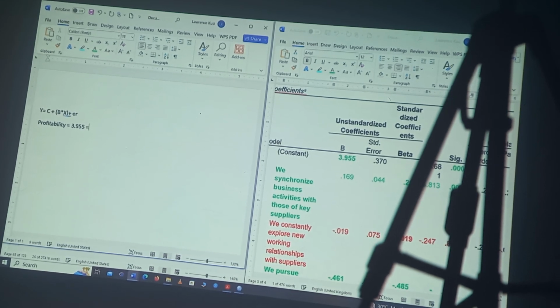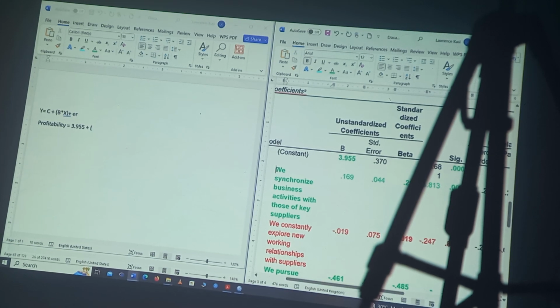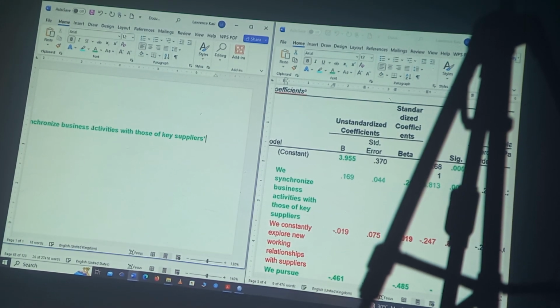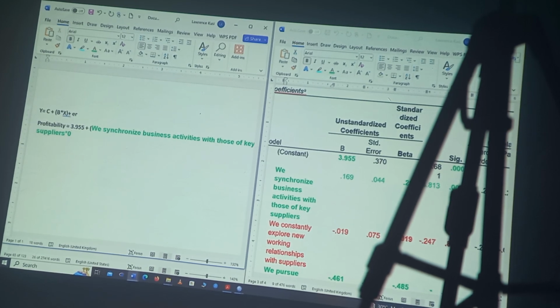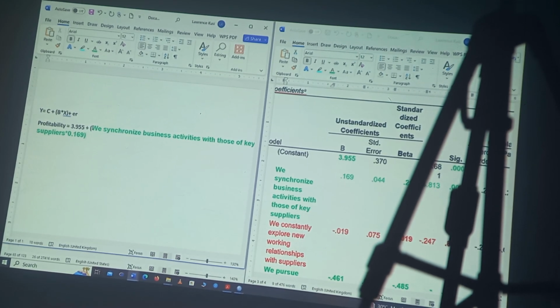So plus, in brackets, we synchronize business. We copy this one. If it has a code name, we can put the code name there, times 0.169.